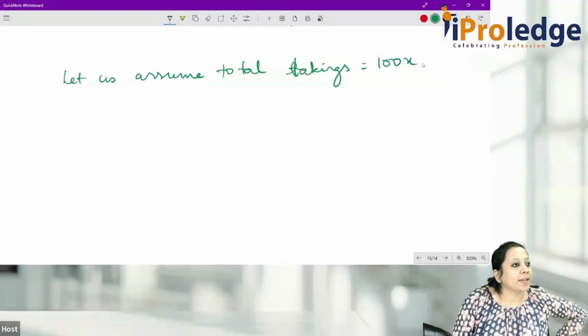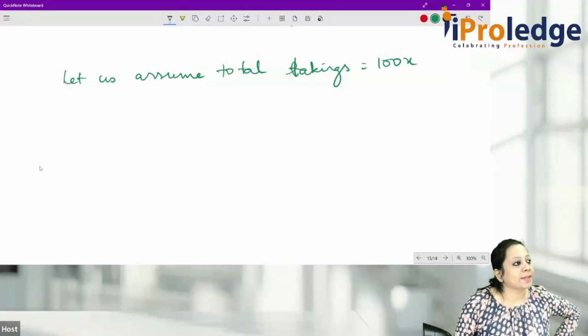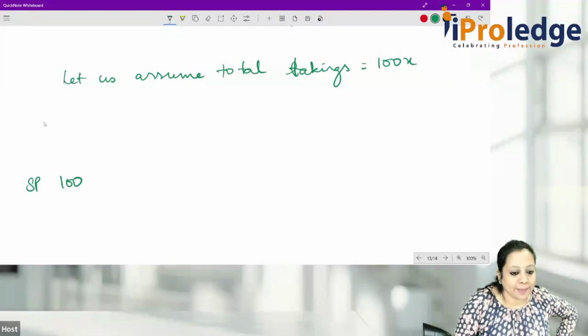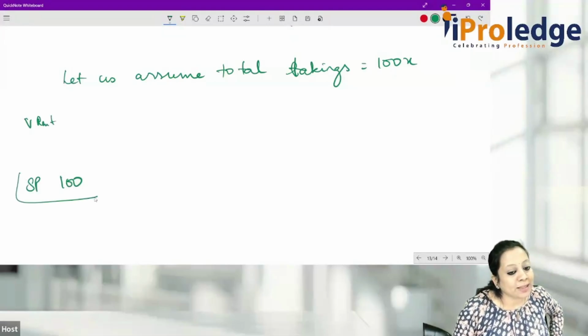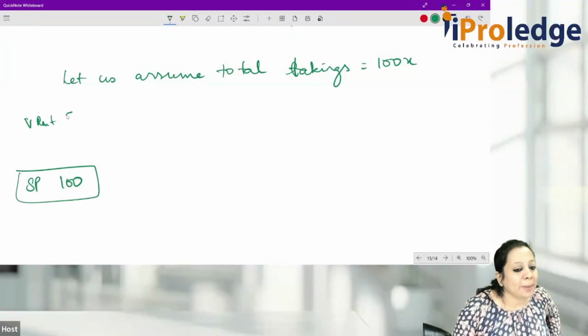Why am I taking 100x? In just a minute from now, we will explain that. Okay. Takings is what? Selling price. We all know takings is selling price, 100. Then this variable rent is also given as 5% of 100. So I'm assuming the selling price or takings to be 100 and variable rent will be 5.